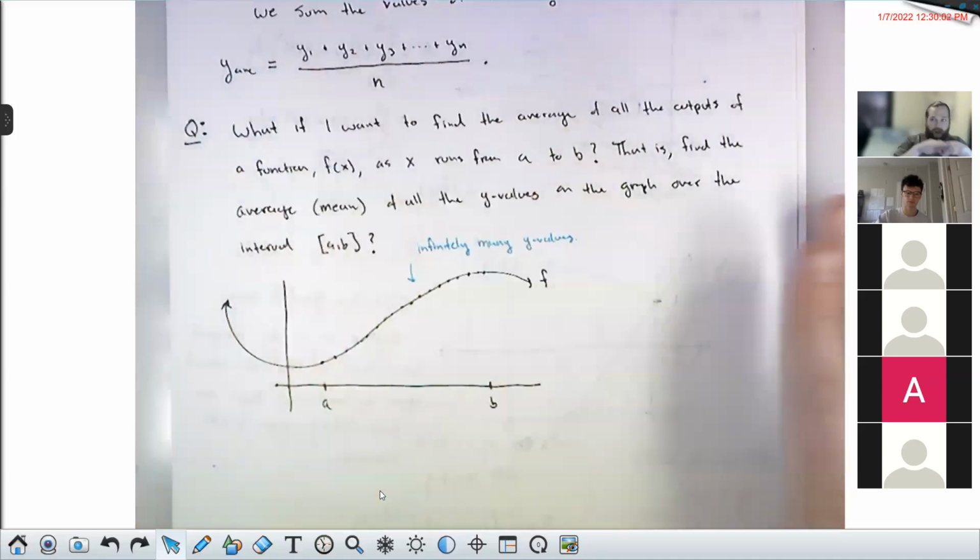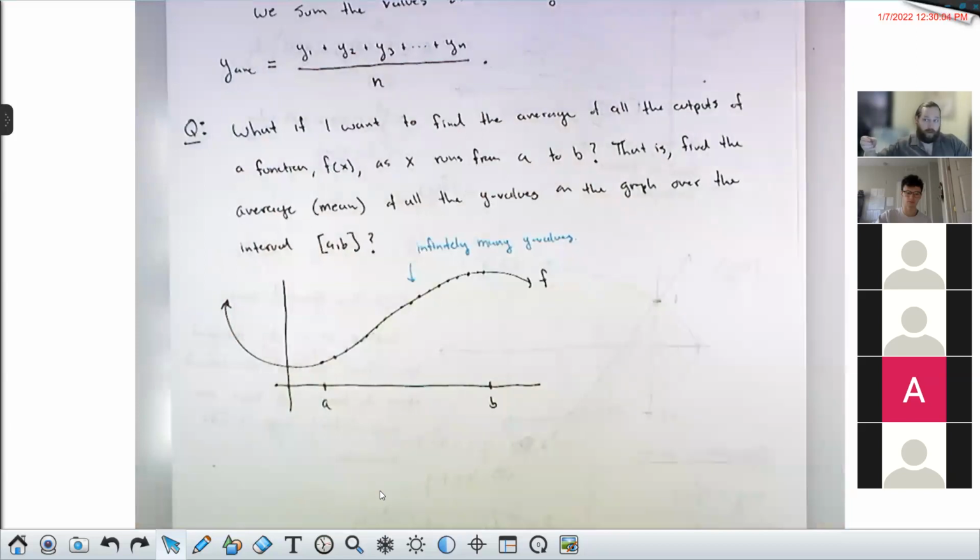I mean, if f is a constant function, then there's just one y value. But if f is like a normal curve, a curve that isn't constant, that moves around some, you're going to have infinitely many different y values here. So I can't just add them all up and divide by the number of y values. For one thing, adding them all up would mean adding infinitely many things. That's a tricky biscuit. We'll talk about that later in the semester, but certainly not right now. And then you'd have to divide by infinity, which is also quite tricky.